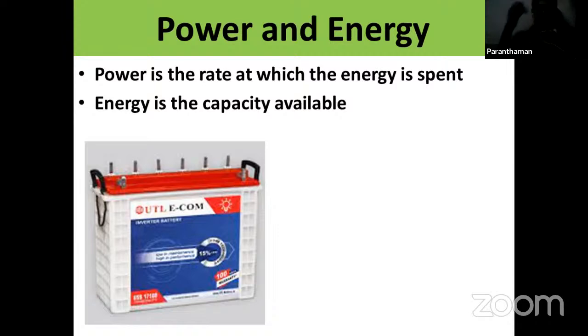For example, a 100 Ah battery denotes the energy stored in the battery. For example, all the batteries have 12 volt as terminal voltage by standard. If a 100 Ah battery is available with us, how much energy can it deliver?